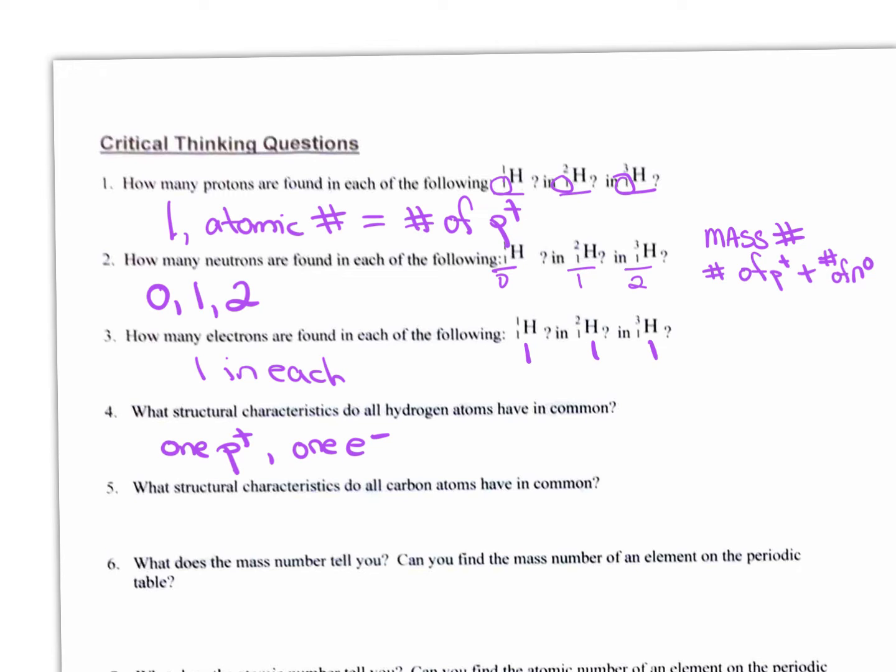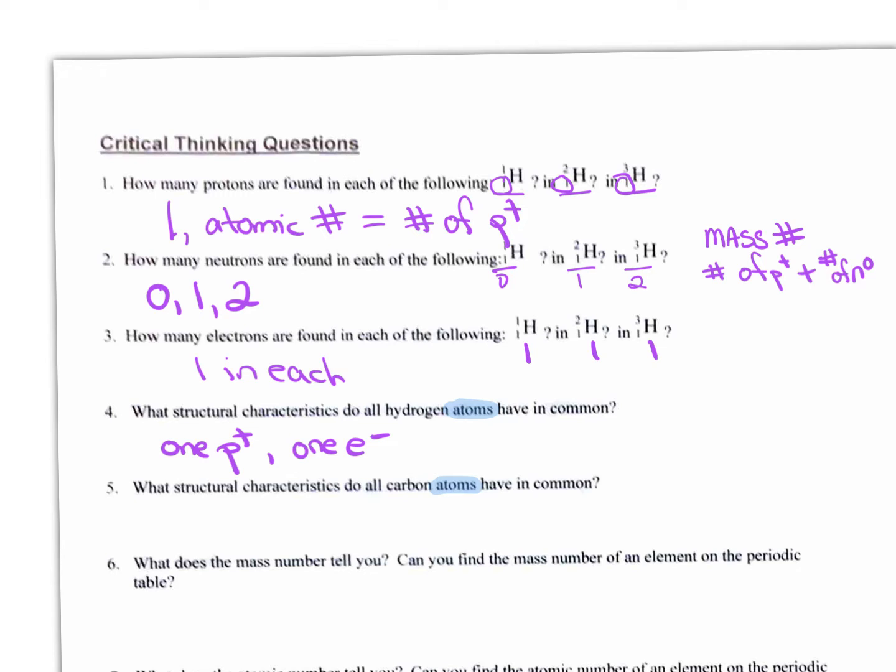And notice he said the word atoms. Question number 5: what structural characteristic do all carbon atoms have in common? Once again, we're talking about atoms.